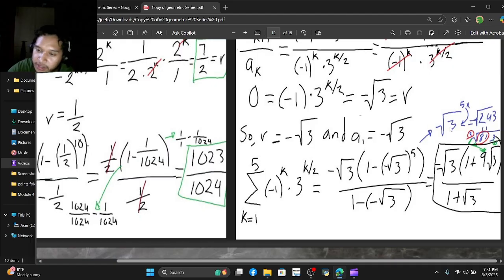Now, the correct way of solving this is by this 5 getting into the 3. Forget about the 1 for the moment. We know that's negative, but it has to be multiplied by a negative. So 3 to the fifth power is 81.